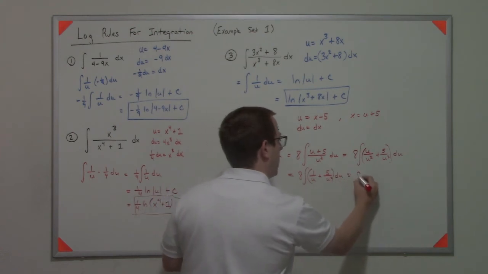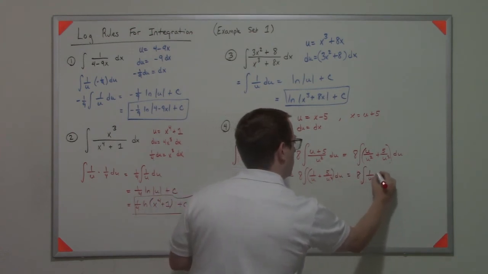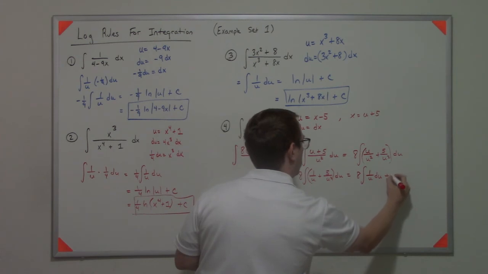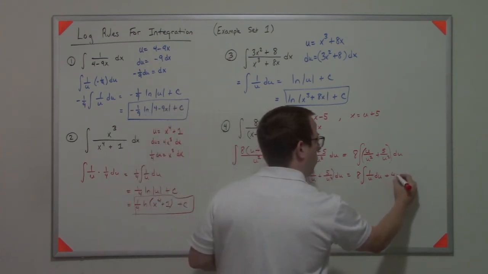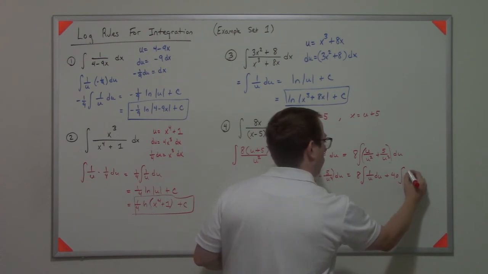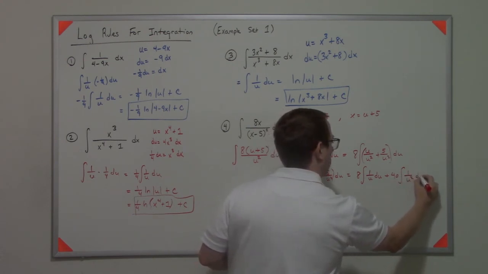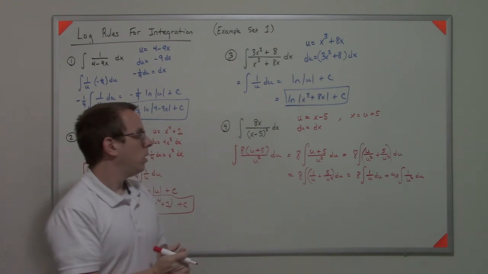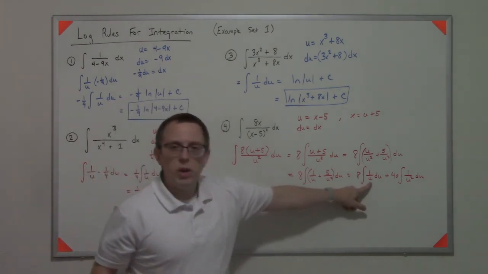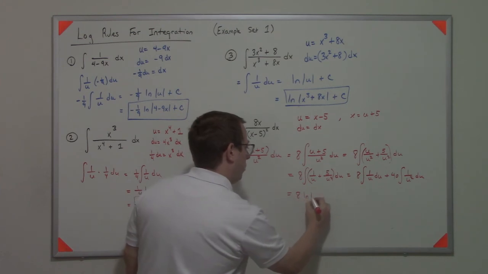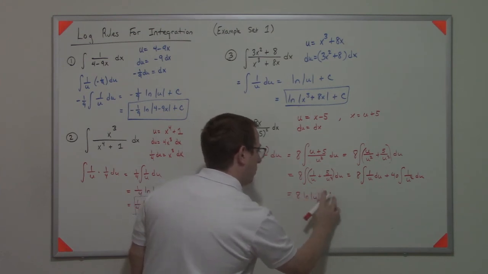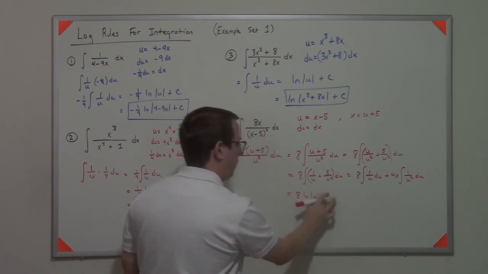We're going to say that's 8 times the integral of 1 over u du, plus, and we'll go ahead and pull that 5 out too while we're at it, we'll call that 40, times the integral of 1 over u squared du. So this one we know, this follows the log rule. It's 8 natural log of u. I won't worry about my plus c yet.